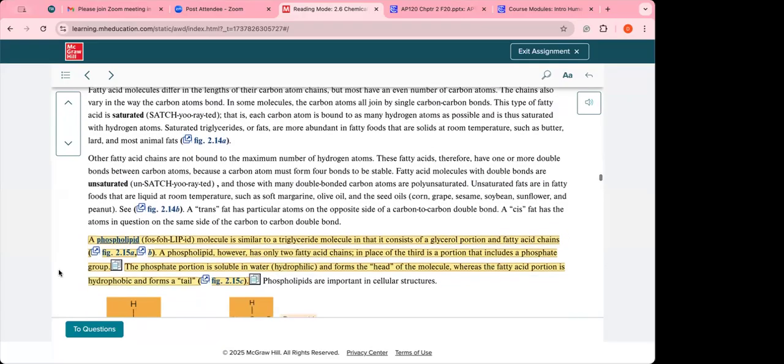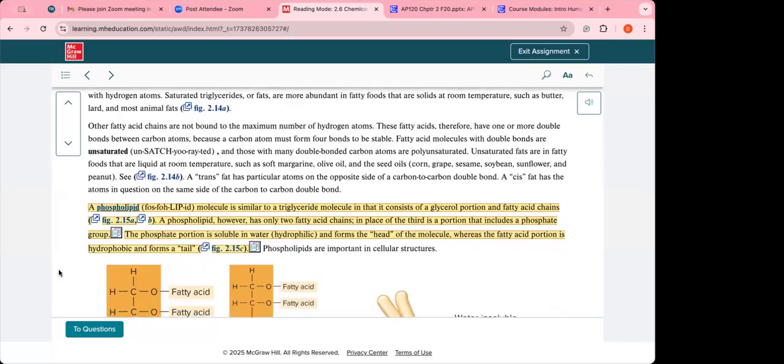A phospholipid molecule is similar to a triglyceride molecule in that it consists of a glycerol portion and fatty acid chain. A phospholipid, however, has only two fatty acid chains. In place of the third is a portion that includes a phosphate group.